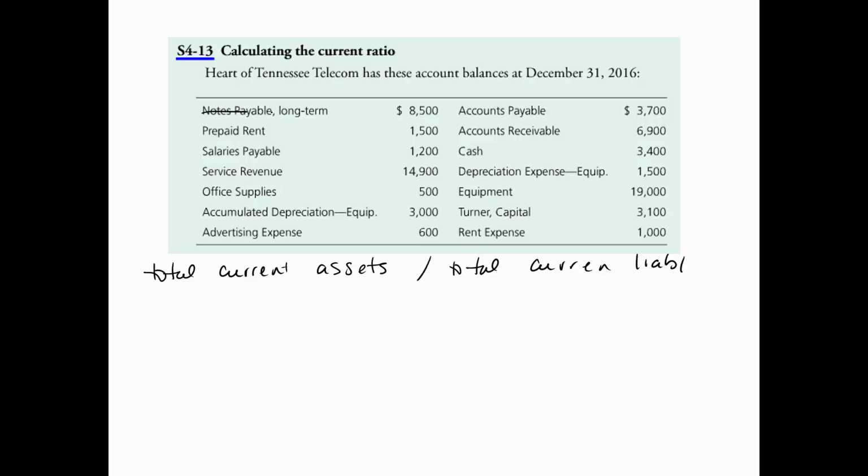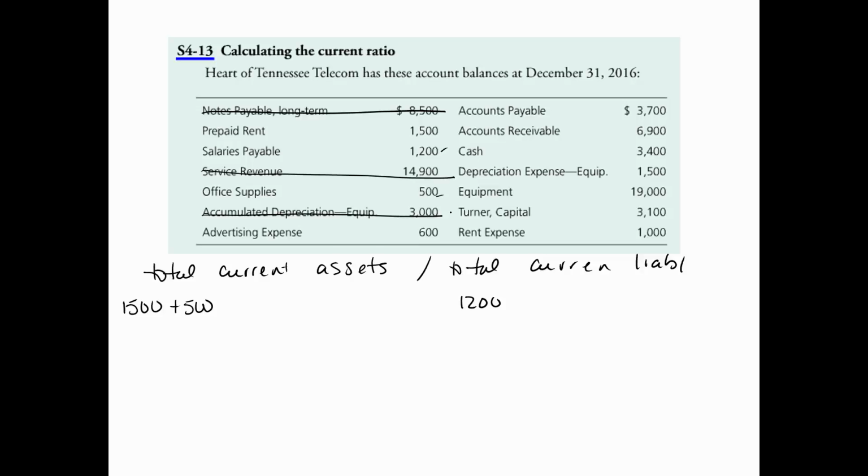So notes payable long term, I don't want that. Prepaid rent would be a current asset, so I'll put that here. Salaries payable would be a current liability, so I'll put that here. Service revenue is not an asset or a liability. Office supplies would be a current asset, so I'll put that there.